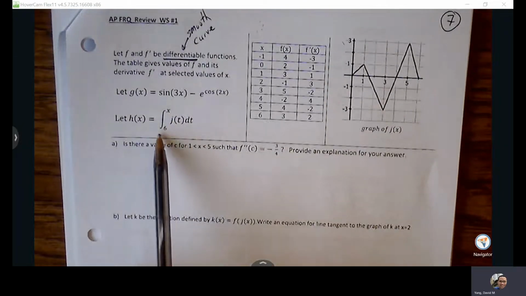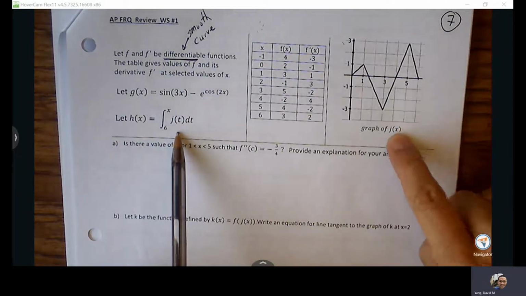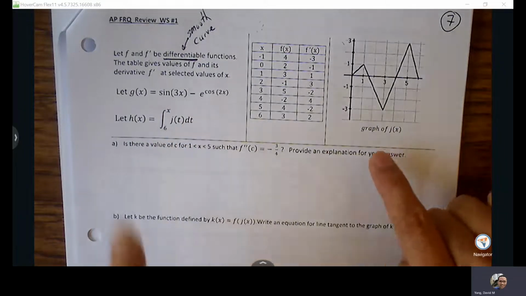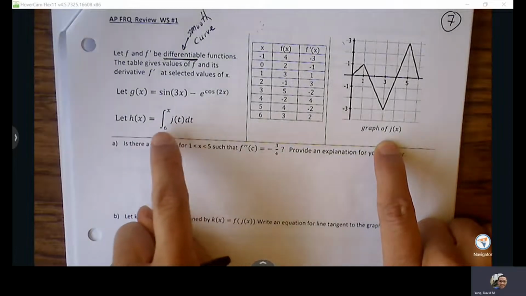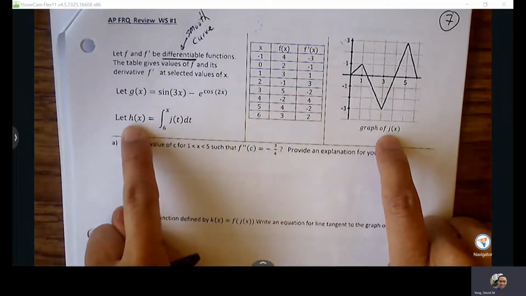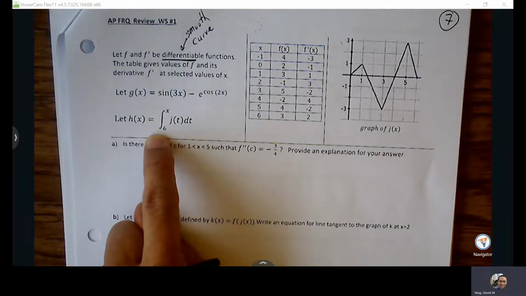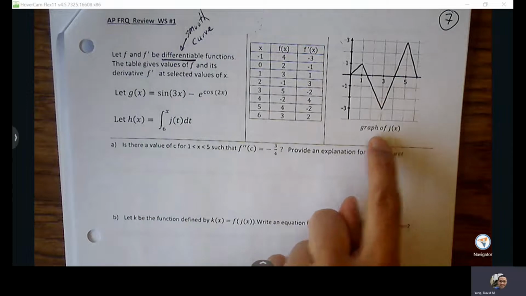h of x is defined as the definite integral from 6 to x of j of t. And this is the j of x graph. So once that x gets inserted in for t, then it becomes the same graph. This is to highlight the fact that j and h are not the same thing. However, h is the antiderivative of j. What that tells us is that this j of x graph is really an h prime.